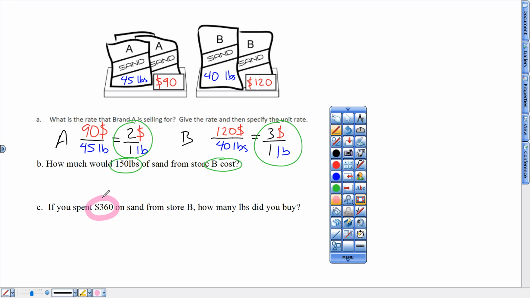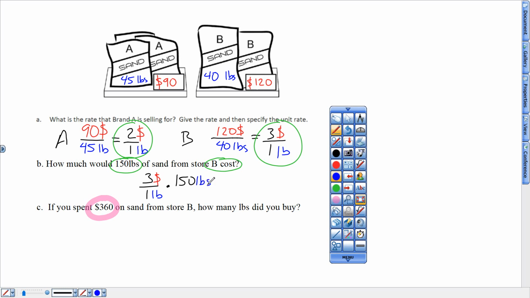So to find how much 150 pounds cost, use that unit rate. I'm using $3 for every 1 pound. I'm going to make sure I'm timesing by 150 pounds. We're going to write it structurally like this.